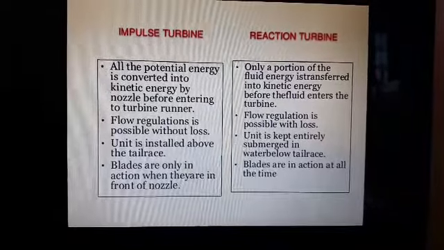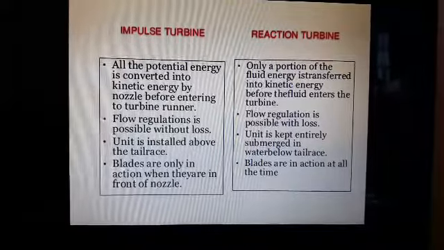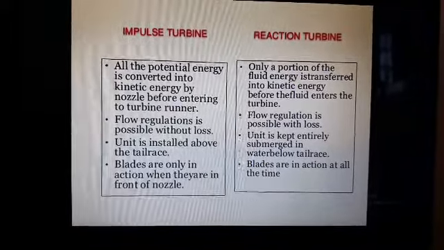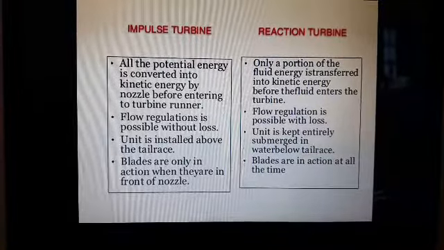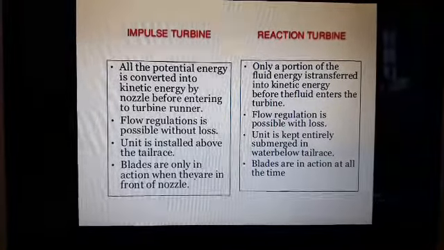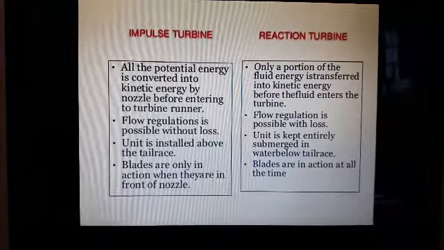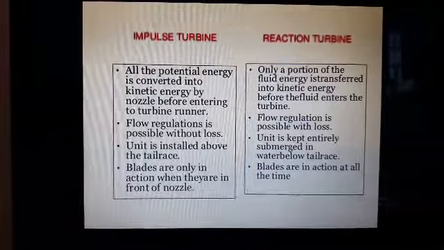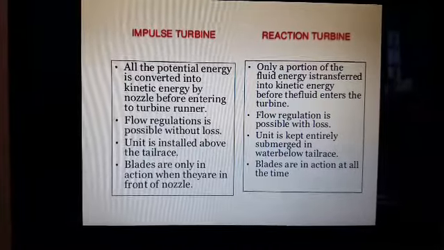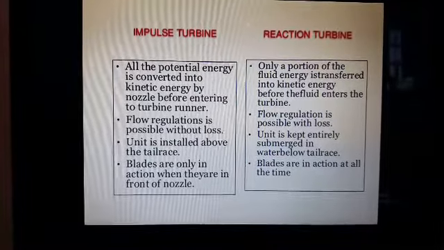So available energy is kinetic energy in the impulse turbine. In the reaction turbine, both types of energy are present, kinetic energy and pressure energy. Only a certain portion of the pressure energy is converted into the kinetic energy of the water. So both types of energies are present at the inlet of the turbine.